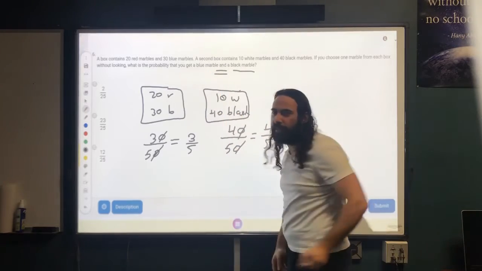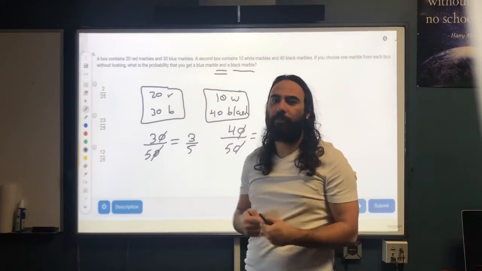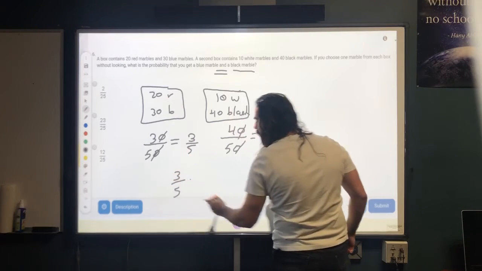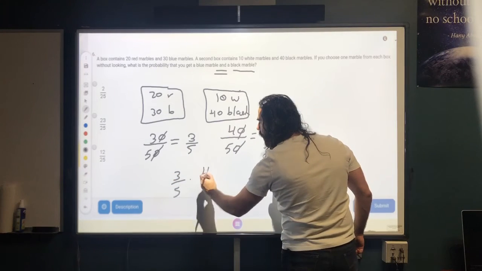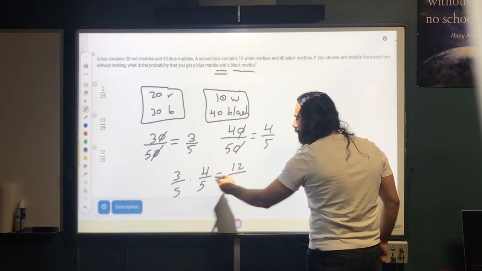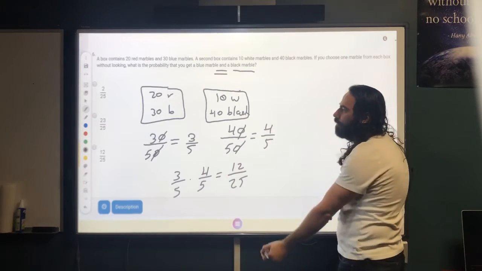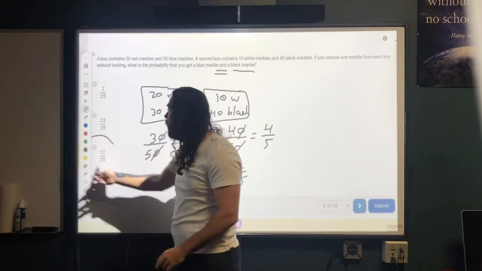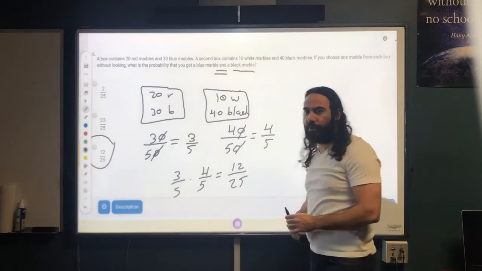Remember, if we have and, it means that we need to multiply the probabilities. So the first probability is 3/5. The second probability is 4/5. So 3 times 4 is 12. 5 times 5 is 25. So the answer in this case is the third option.